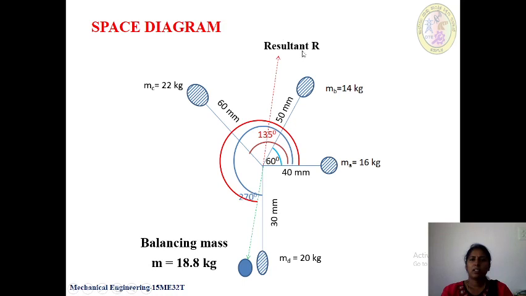Our capital R resultant is at an angle of 86.5 degrees from the base value, and the balancing mass is 18.8 kg at the angle of theta 266.5 degrees. So this is our resultant value. Opposite to the resultant, the balancing mass is acting, that is of 18.8 kg and at the angle of 266.5 degrees from the mass A.